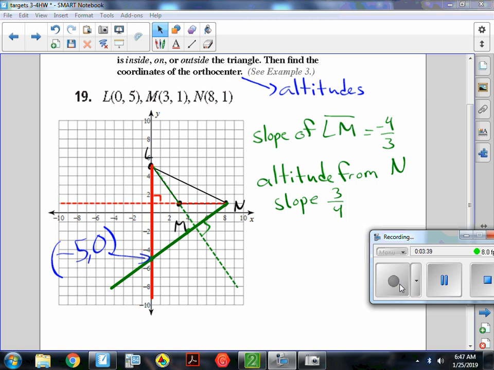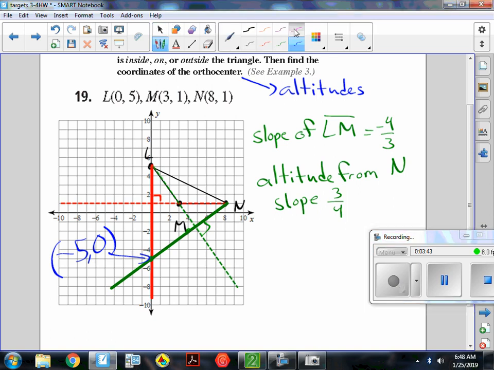But just in case you want to see the process again, I'll go ahead and do the third side. I think I'll use pink. Actually, I think I'll use blue because I know I have a blue line set up. So I need to find the slope of LN because LN is going to be across from vertex M, and I have not used vertex M yet.